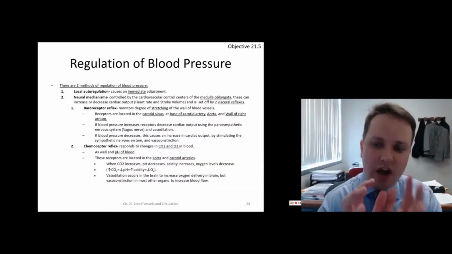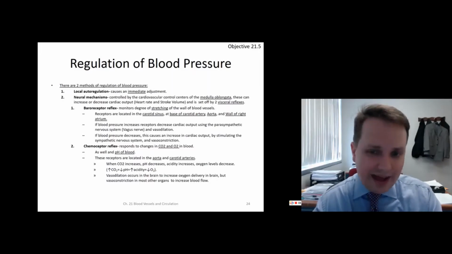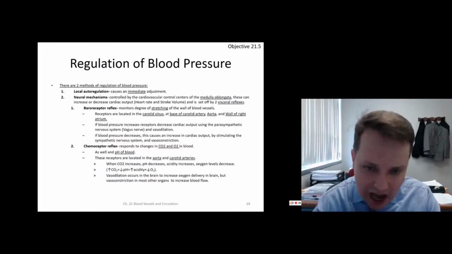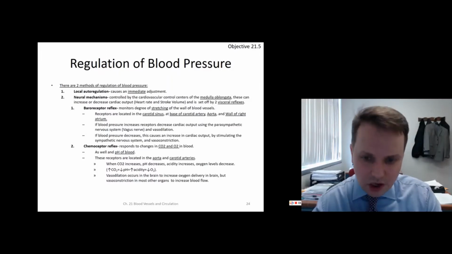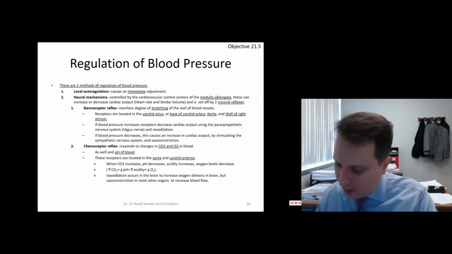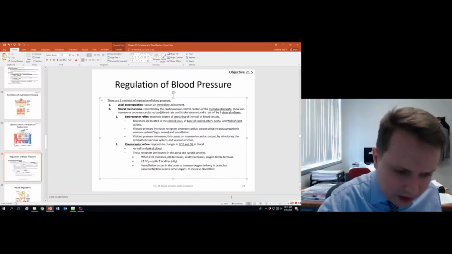What I want you to understand is that if blood pressure goes up, an increase in blood pressure, the receptors ultimately decrease the cardiac output. So what is their goal?